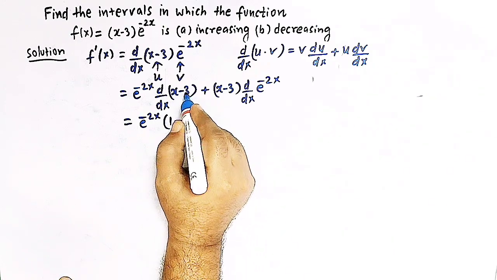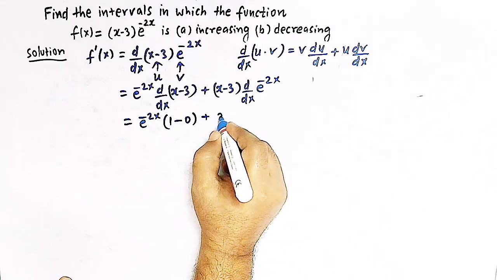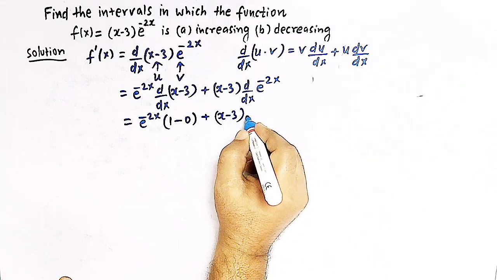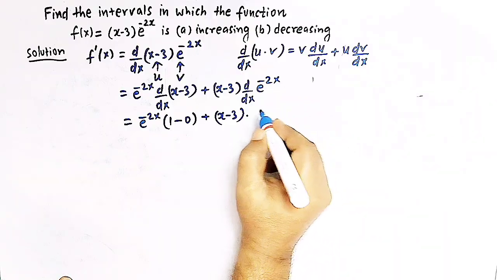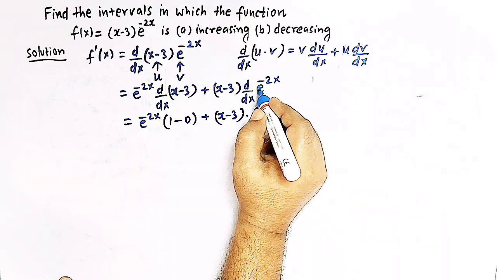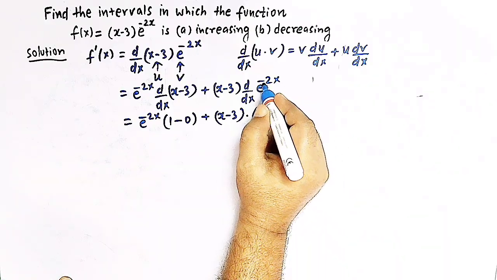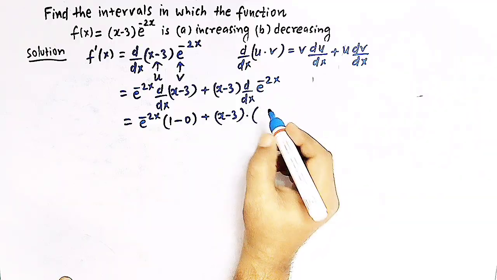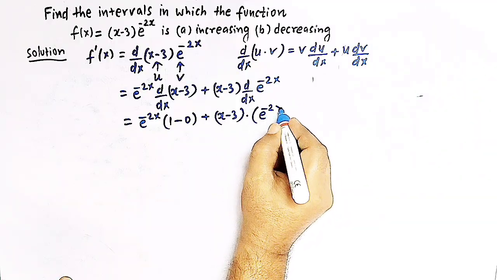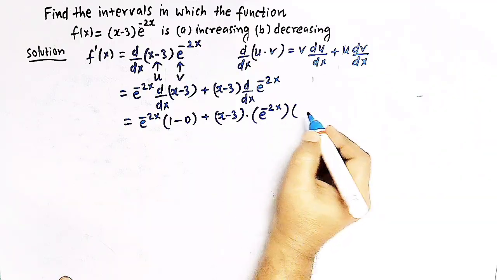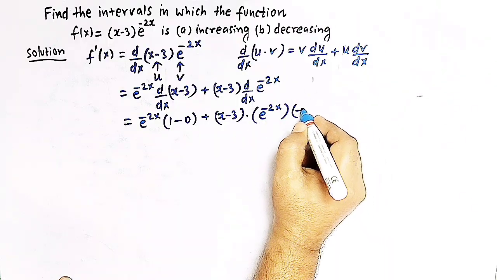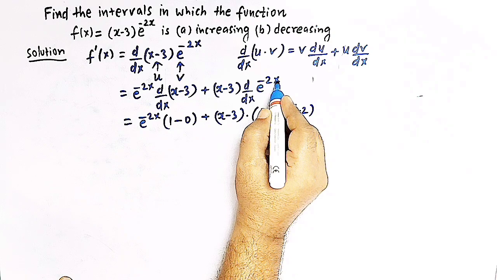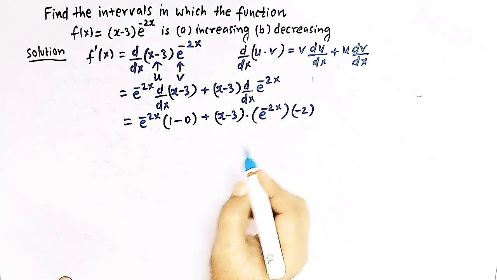because this is a constant function, and then we have x minus 3 times the derivative of e raised to minus 2x. So here the derivative of e raised to minus 2x with respect to x is e raised to minus 2x, and then by chain rule the derivative of minus 2x is simply minus 2 because the derivative of x is 1, right?